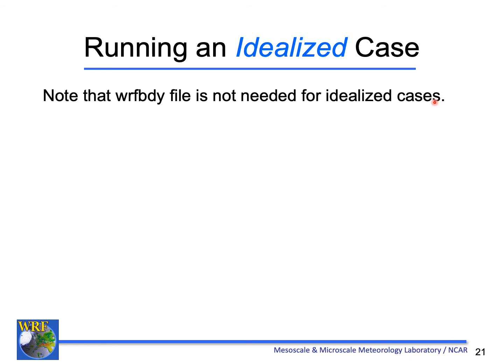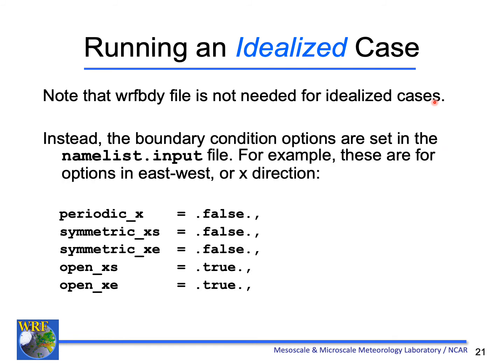The model would still require data at the lateral boundaries, but they are handled in the code. How it is handled is a runtime option one can set in the namelist file. For the east-west boundary conditions, these are the options: periodic, symmetric, and open. The supercell case uses open boundary conditions in both x and y directions.